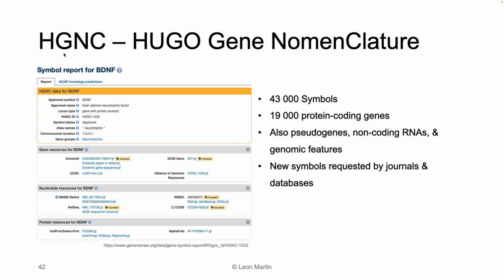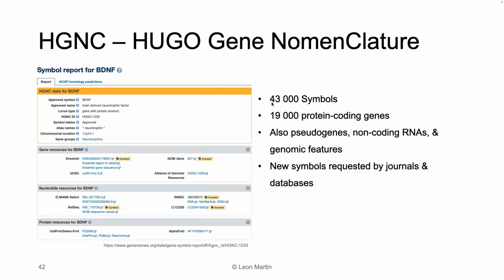Then we have the HUGO Gene Nomenclature, which is responsible for approving unique symbols and names for human loci, including protein coding genes, RNA genes, pseudogenes, and it is the rationale to allow to disambiguate scientific communication about genes, basically.